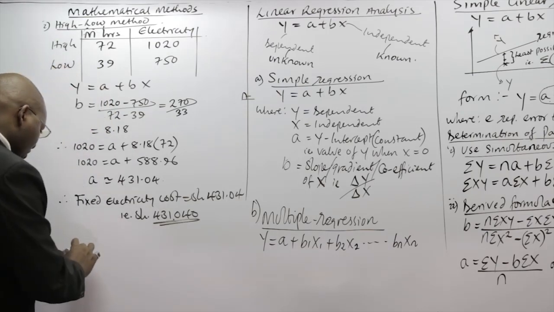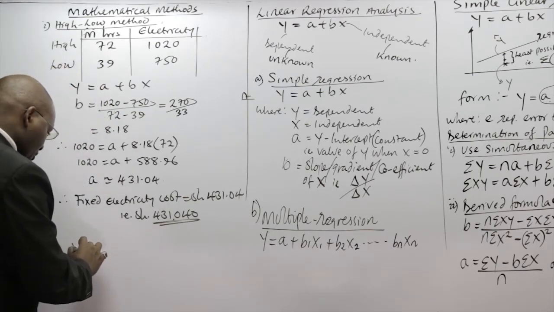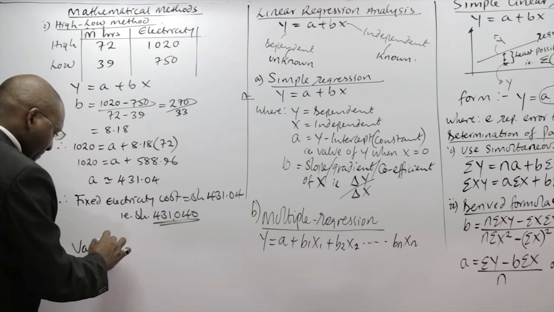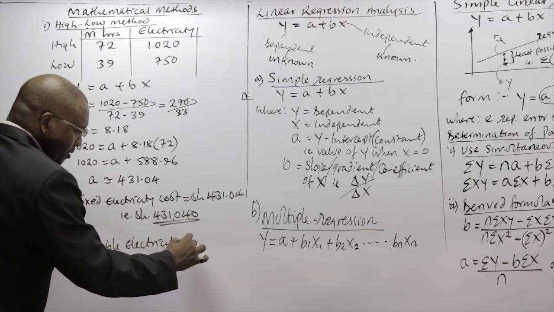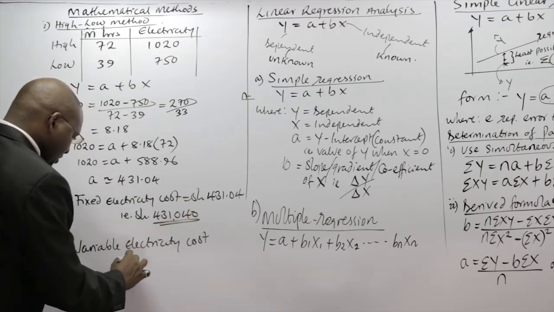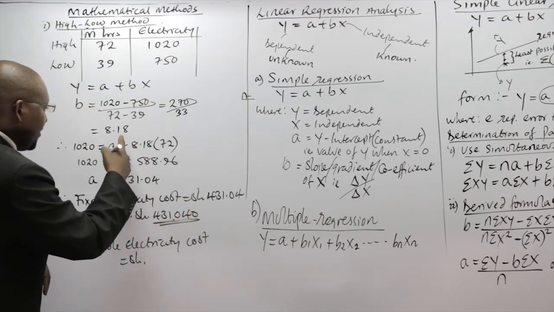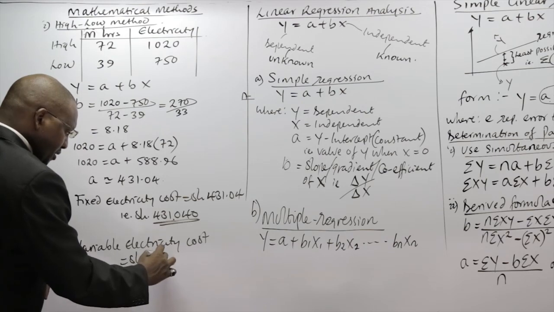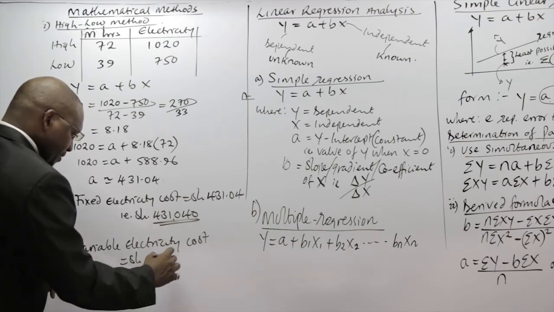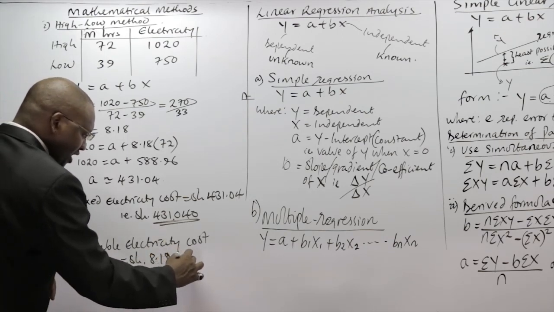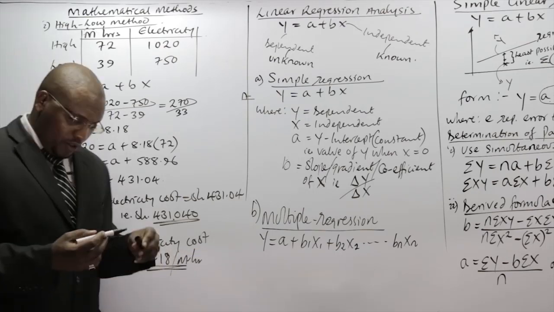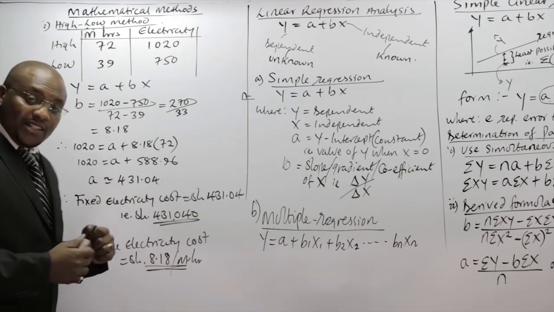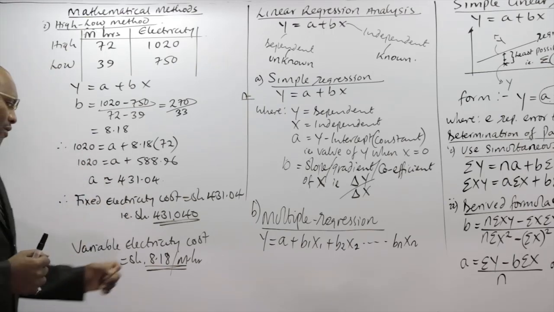Then the variable electricity cost is now shillings 8.18 per machine hour. So you are asked to use the high-low method to come up with the fixed electricity cost and the variable electricity cost.